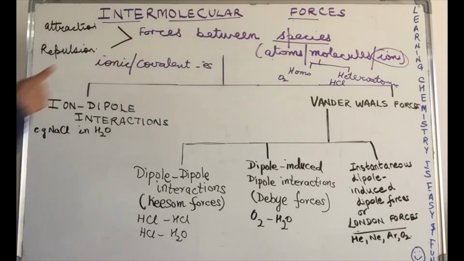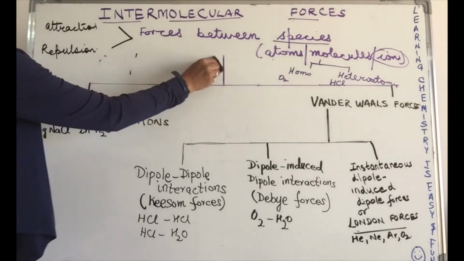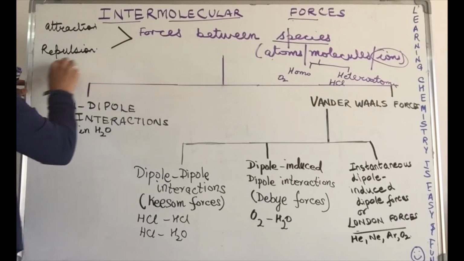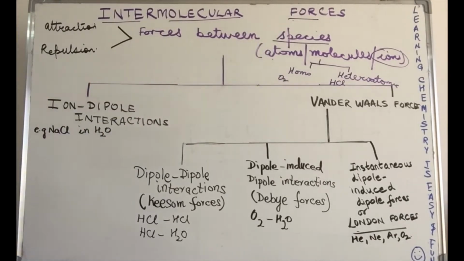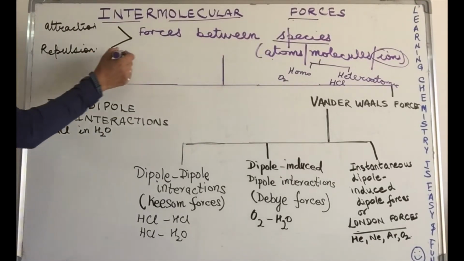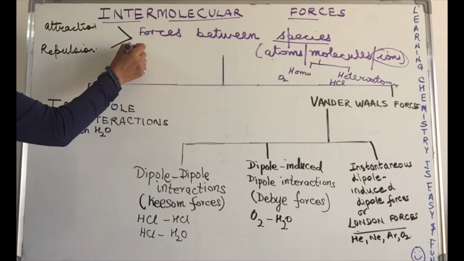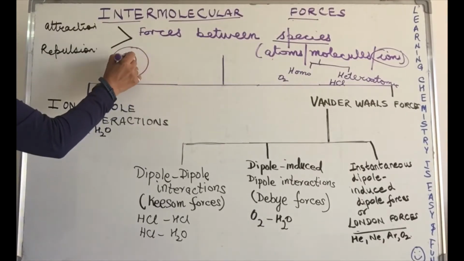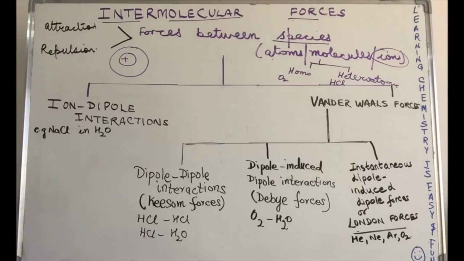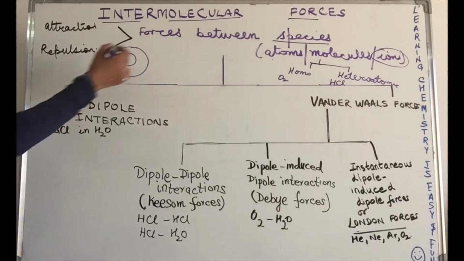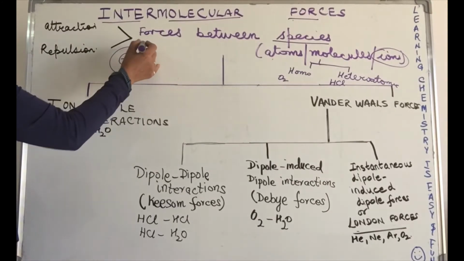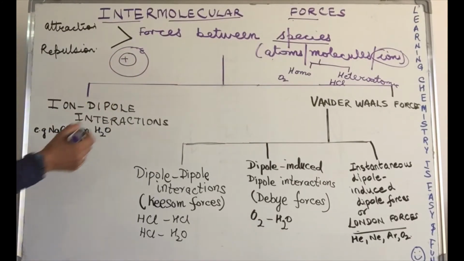Here I've used the term forces. What type of forces can exist between atoms and molecules? So if I take two atoms, there is the nucleus in the middle which is positively charged because of the presence of positively charged protons. The electrons I am indicating outside the nucleus.